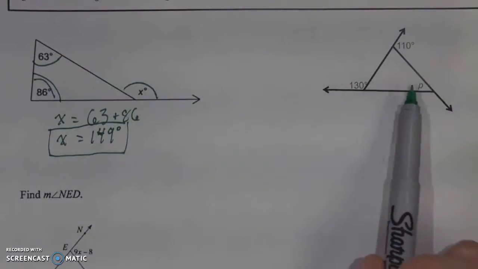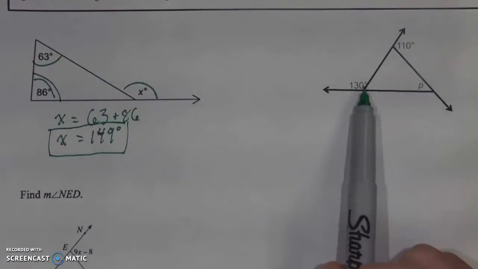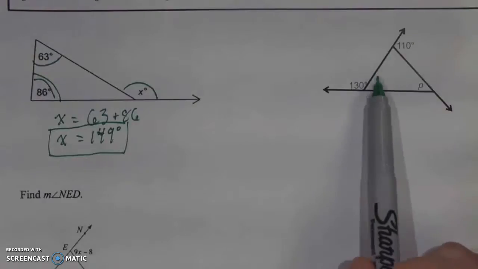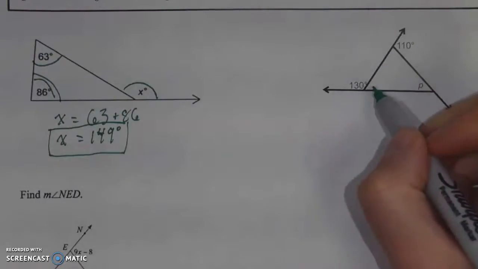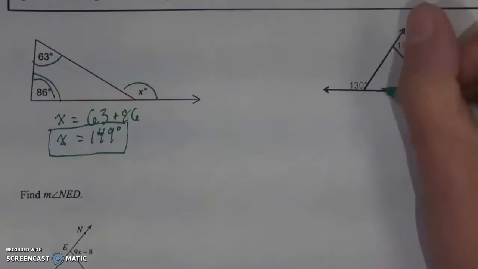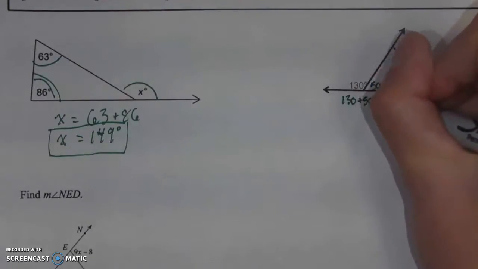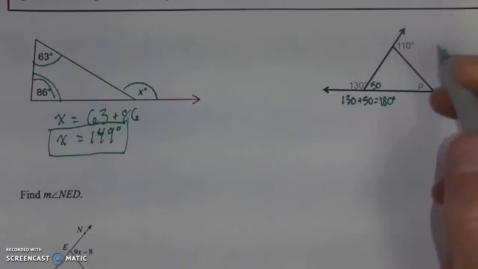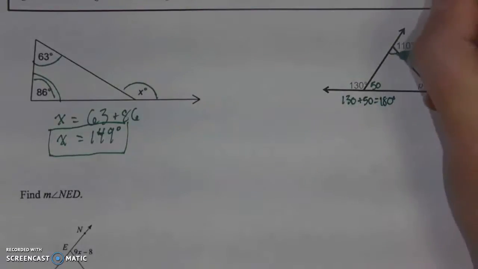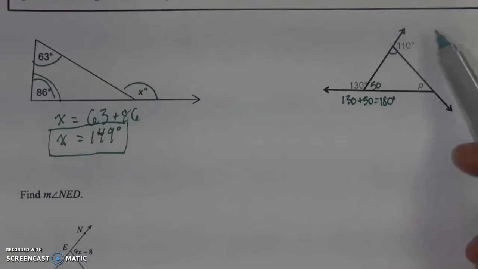We can also solve for P here by finding the interior angles of the triangle. Since this forms a linear pair with its interior angle, 130 plus this value will give me 180. So that means that this has to be 50, because 130 plus 50 is equal to 180. I can do the same thing here to find the interior angle that is adjacent to this exterior angle of 110.